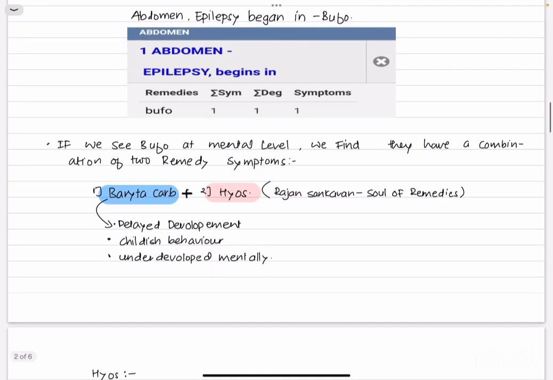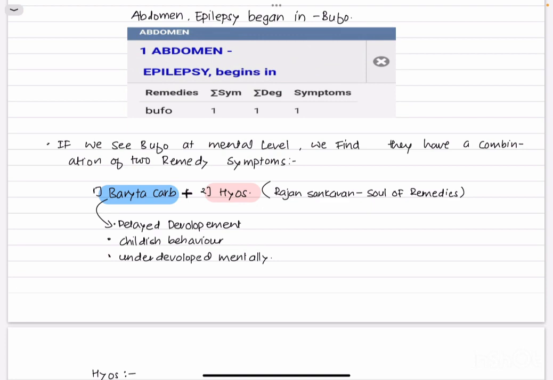So why the combination of Baryta and Hyoscyamus? In Baryta we find that the patient is underdeveloped, the patient's mentality is underdeveloped, he has no sense, no proper knowledge of things. The behavior is so childish, an underdeveloped mentality. These are the symptoms we find in a Baryta patient.